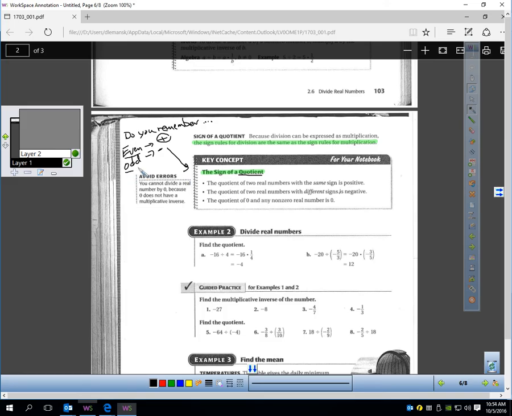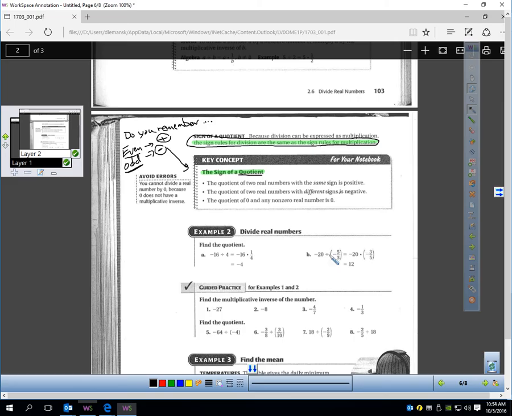If you have an odd amount of negatives in your division problem, your answer has to be a negative answer. They even say here, the sign rules for division are the same as the sign rules for multiplication. It's the exact same thing I told you back in lesson 2-4. Okay?